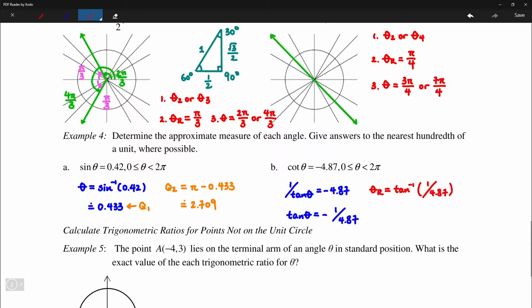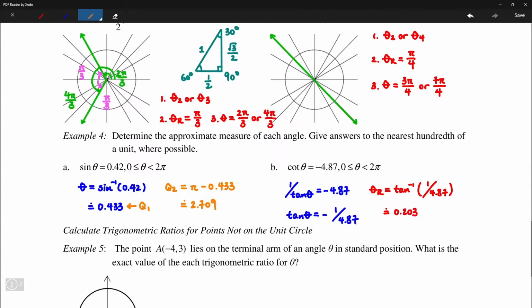And what this will do is give us the reference angle that we need, because we know that the answers are actually in quadrants 2 or 4. So once we have done that, we know that the approximate value of the reference angle is 0.203.